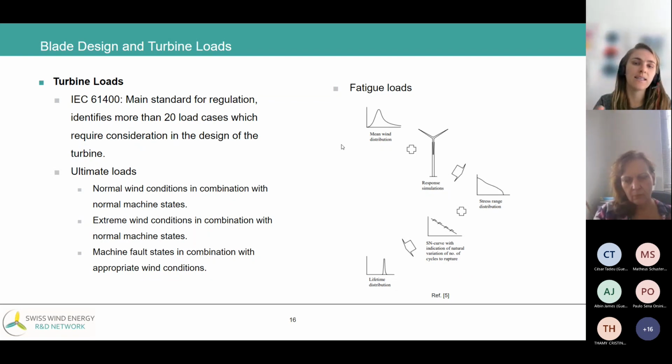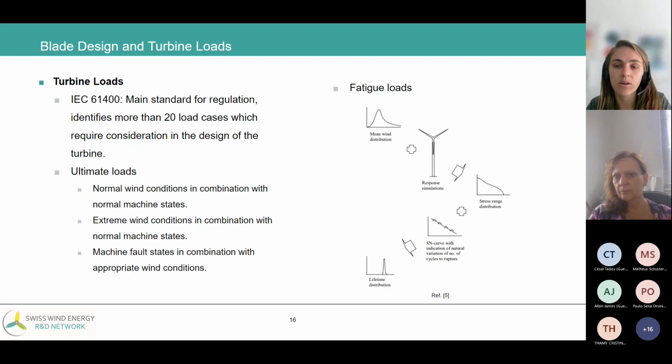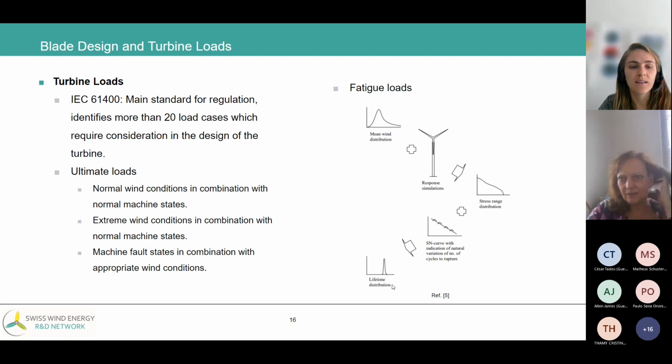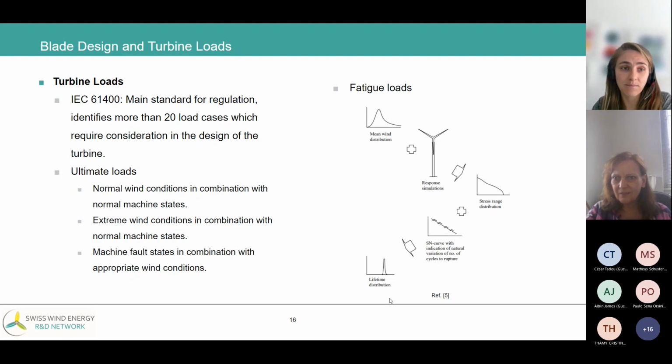And then taking the wind speed, taking the damage on the components, you can estimate the lifetime of your turbine, or the maximum load for a given lifetime of your turbine. Too fast? Too slow? Are you familiar with this? I will jump to the next slide then.